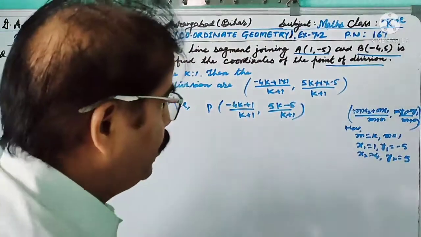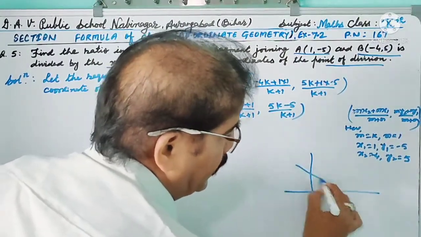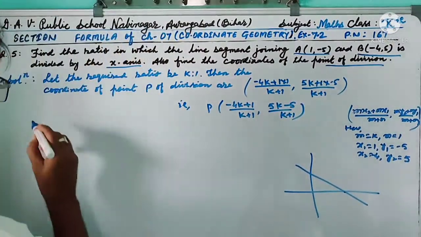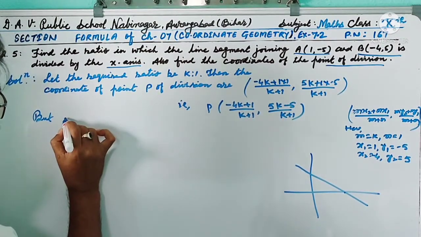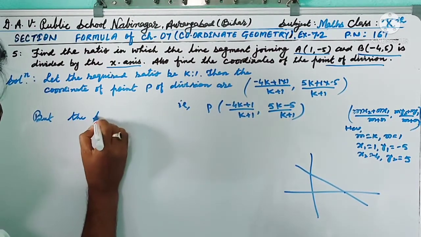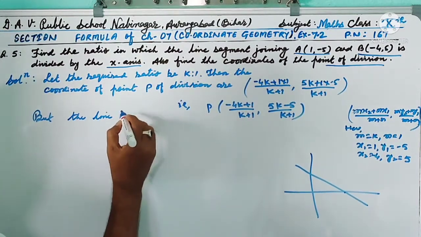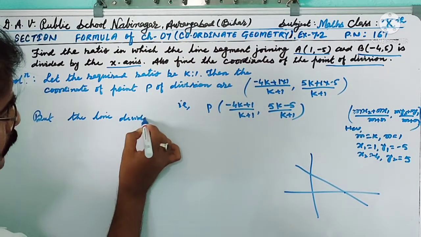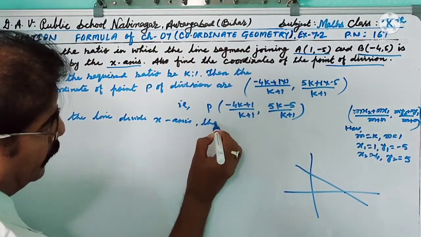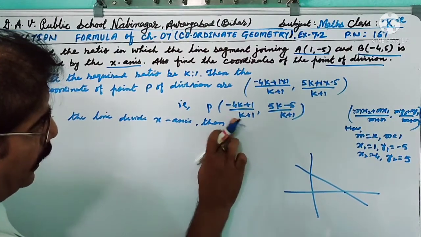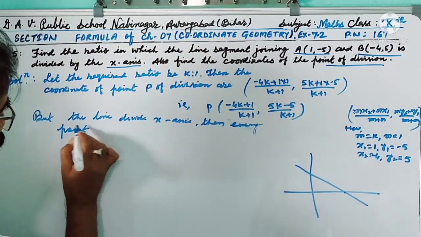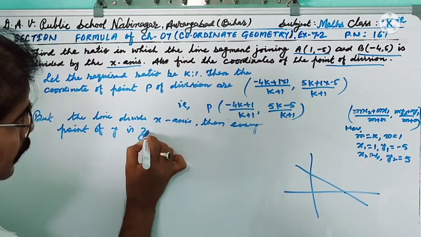We know that if the line divides the x-axis, then every point has y, the ordinate, equal to 0.